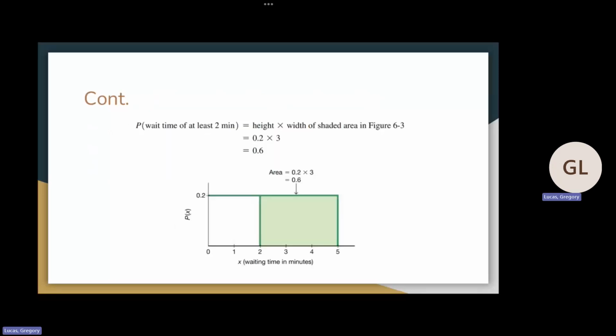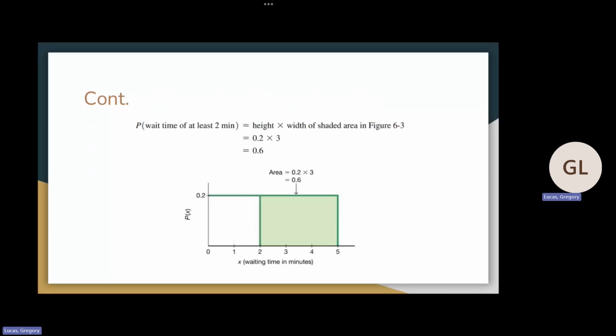And this is a way that we can apply it. Let's say we want to find the probability of a wait time of at least 2 minutes. So since we know it's a rectangle, it's always height times width, or length times width. Call it height here. And we know that the height has to be 0.2 because the rectangle, we said the probability of everything is 0.2.